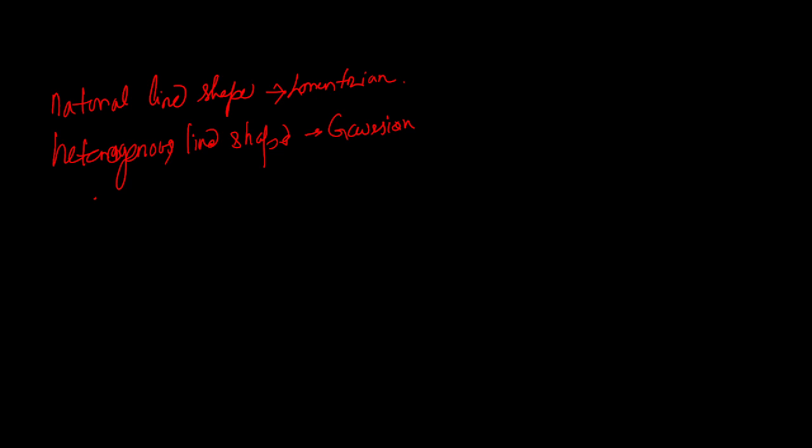But if the molecule is in a heterogeneous condition, interacting with other things, then the peak will be broadened, and the line shape will no longer be Lorentzian. Now it becomes Gaussian kind of thing.